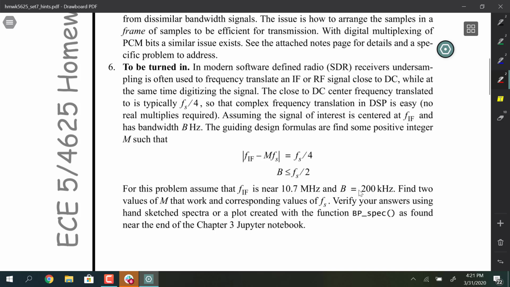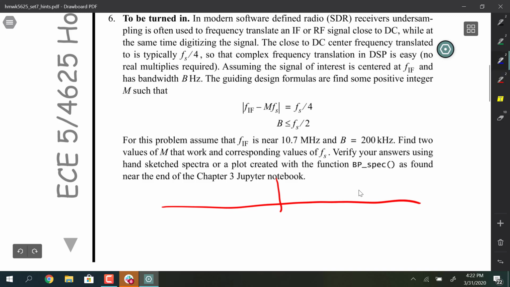So you've got a spectral scenario like this. What you'd like to be able to do is undersample.